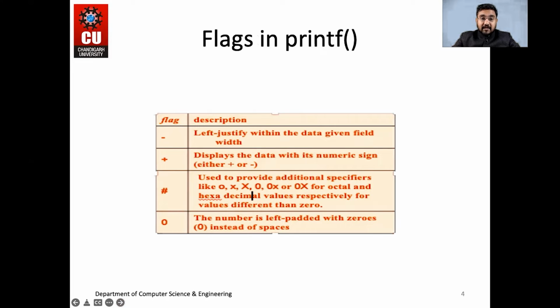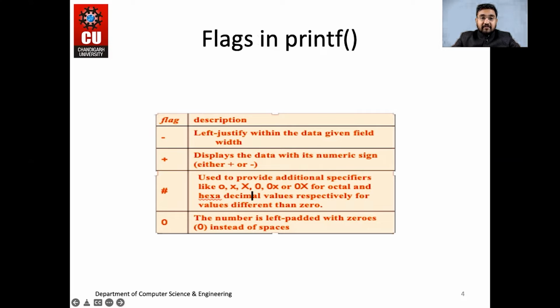Next, we have plus. Plus is used to display the numeric sign, whether positive or negative. Though negative values will have their sign, if you want the sign to be displayed with a positive value, we'll use the flag plus.